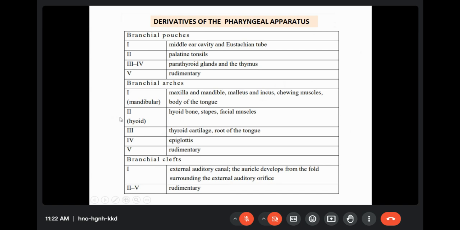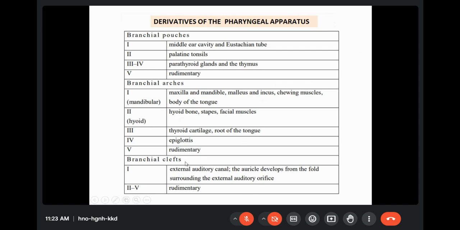Pharyngeal arch 2 gives rise to the hyoid bone, stapes, the third bone of the middle ear, and facial muscles. Pharyngeal arch 3 gives rise to the thyroid cartilage and root of the tongue. Pharyngeal arch 4 gives rise to the epiglottis, and pharyngeal arch 5 is rudimentary, it doesn't develop.